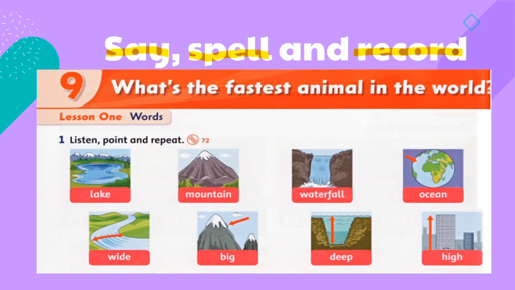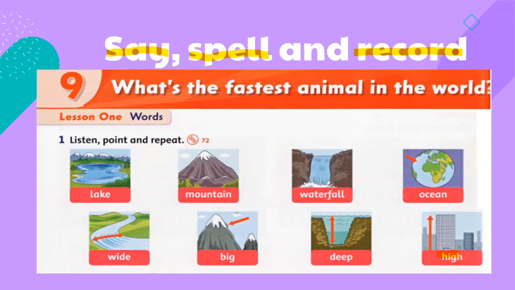For example, lake, L-A-K-E, mountain, M-O-U-N-T-A-I-N. Okay, until you reach the last word, that is high. So I need you to say, spell, and record. For recording, please ask your mom or dad to record you in a video.